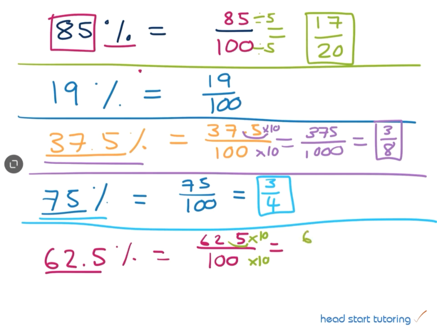So we're working now with 625 over 1000, and we can divide both 625 and 1000 by 125 to get an answer of 5/8. So 62.5% as a simplified fraction will give us an answer of 5/8.